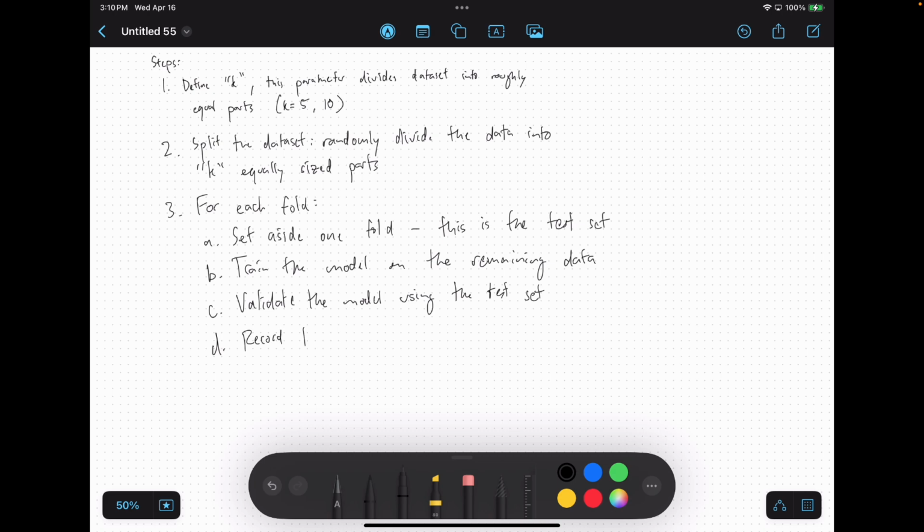D, record the performance metric. So this might be my MSE, AIC, BIC, etc. And 4, repeat step 3 for each of the K folds.